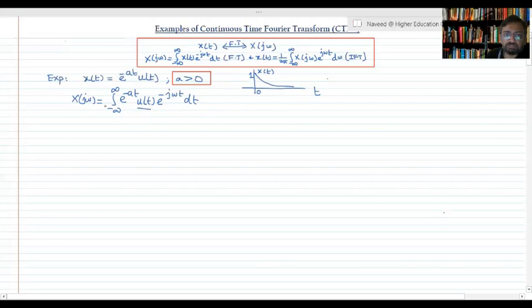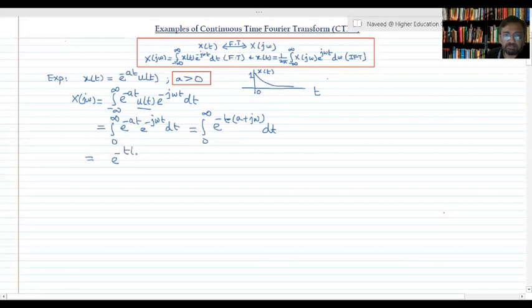This u(t) will change the limits of this integration, and the new limits will go from 0 to infinity, e to the minus a t, e to the minus j omega t, dt. And then we can combine these two exponentials: 0 to infinity, e to the minus t (a plus j omega), dt.